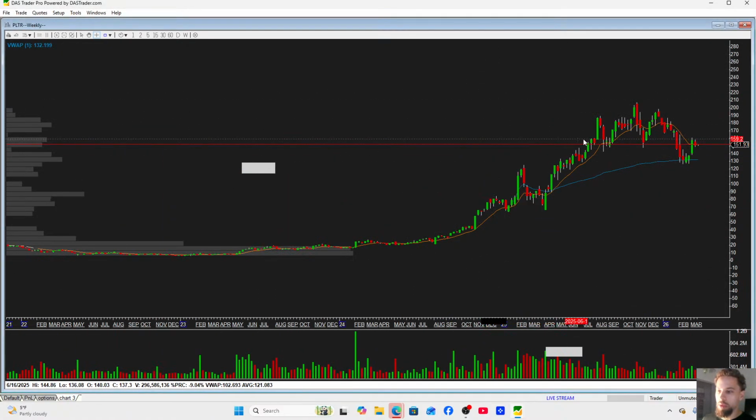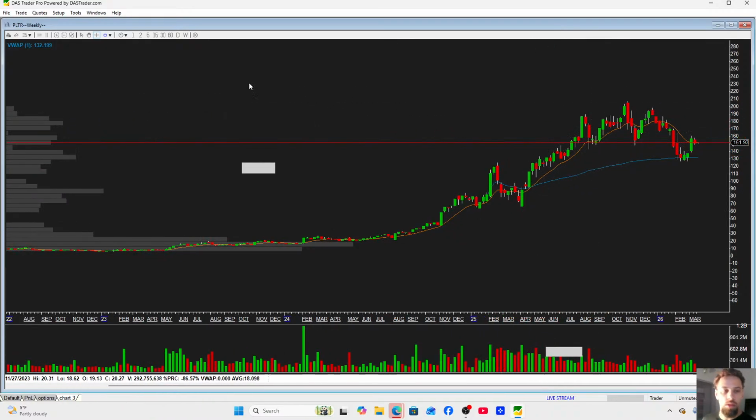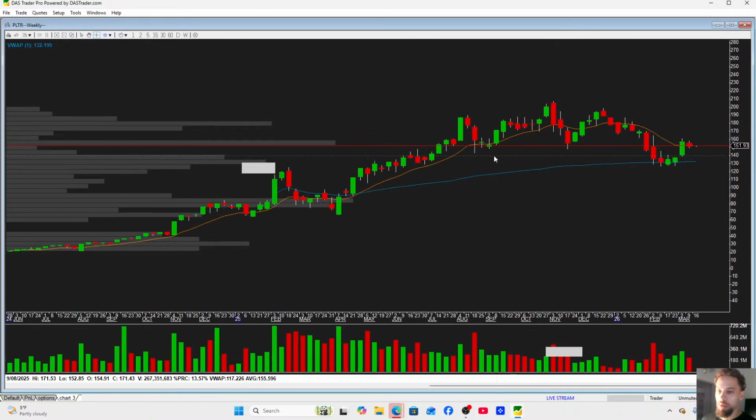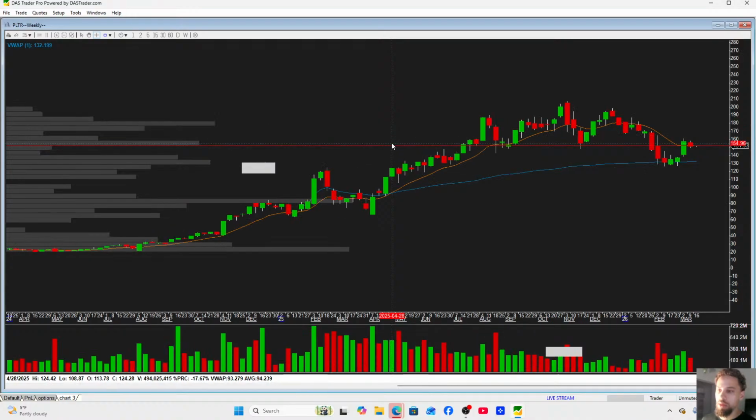Where are we at on PLTR on the weekly? Kind of been consolidating the past two weeks here, making a bit of a bull flag. So let's find some support here. Let me mark 149. Pretty much 150 is a good area, a good psychological area.